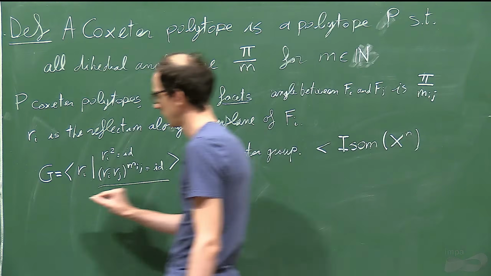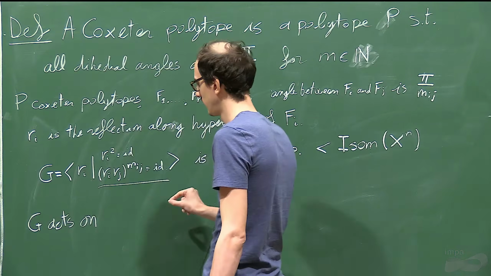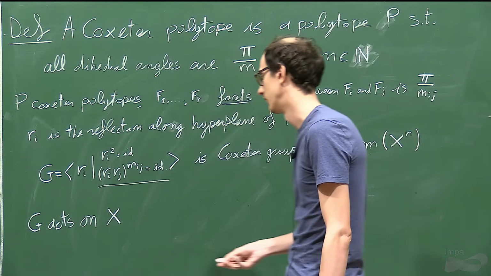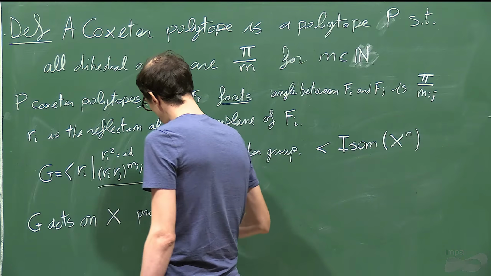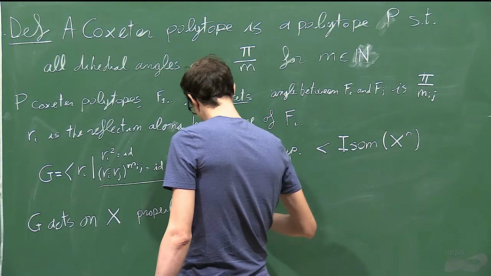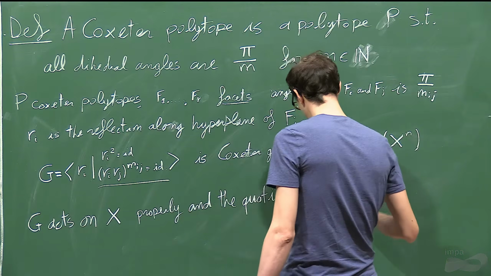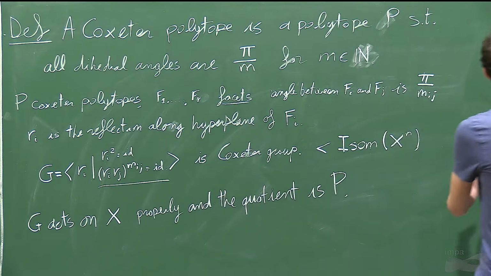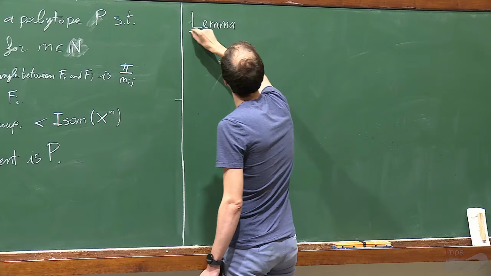So the point is that G acts on our space, and the action is proper, and the quotient is actually the polytope P. So in some sense, this tells us that from polytopes we can build manifolds, because we can always build a manifold from a Coxeter polytope because of the Selberg lemma that was mentioned also more or less an hour ago.